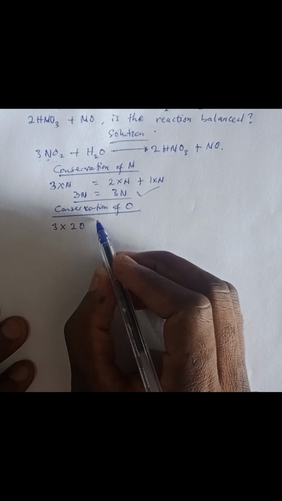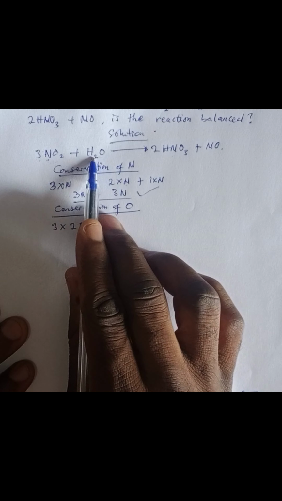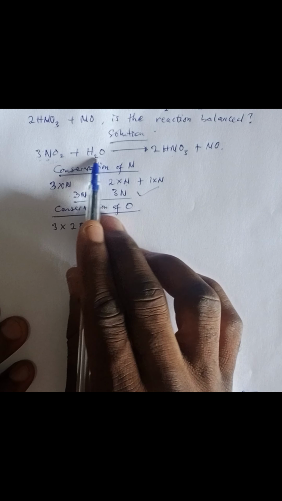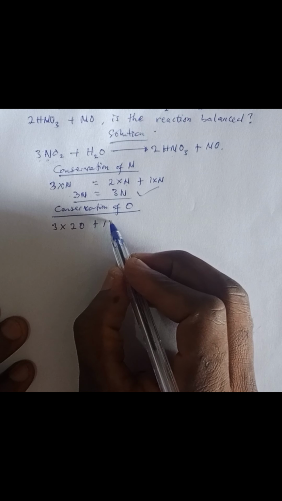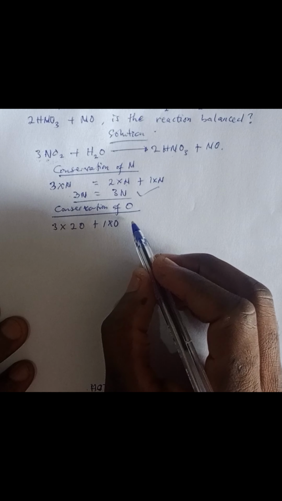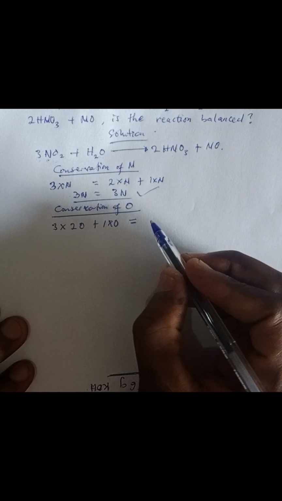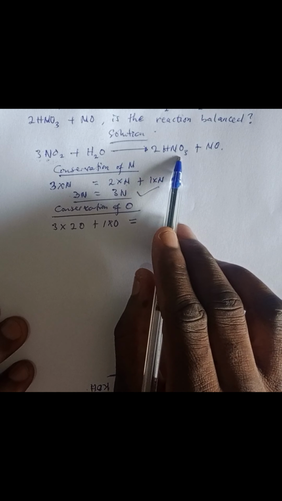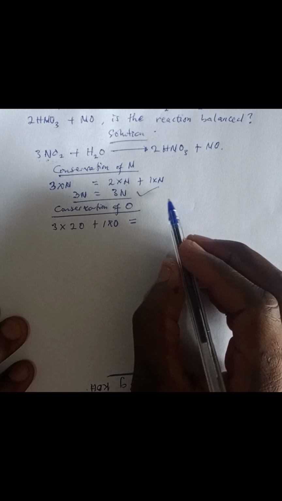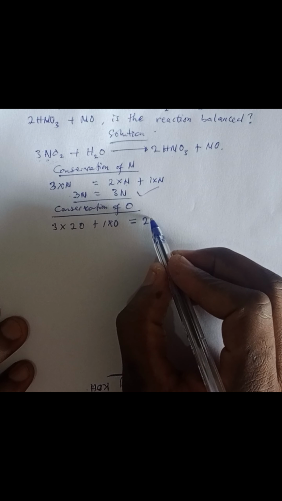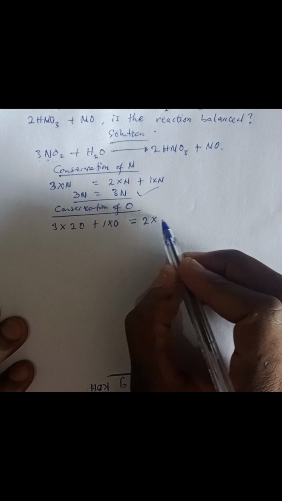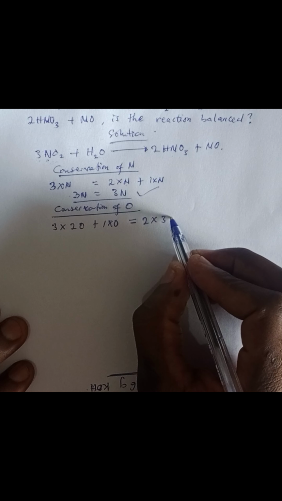So that will be 3 multiplied by 2O, plus here we have 1 atom of oxygen in H2O, that will be 1 multiplied by O, equal to, in HNO3 we have 3 atoms of oxygen and it is being multiplied by the mole ratio 2, that will be 3O.